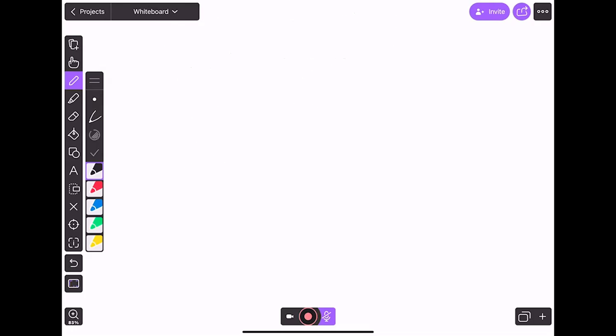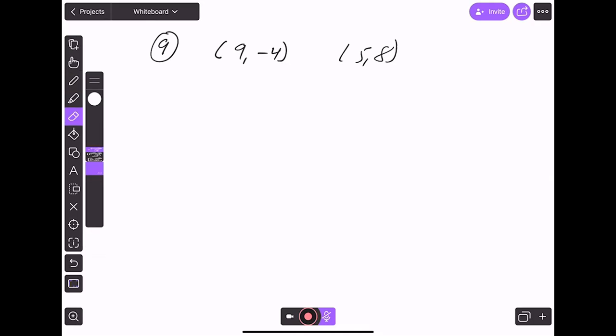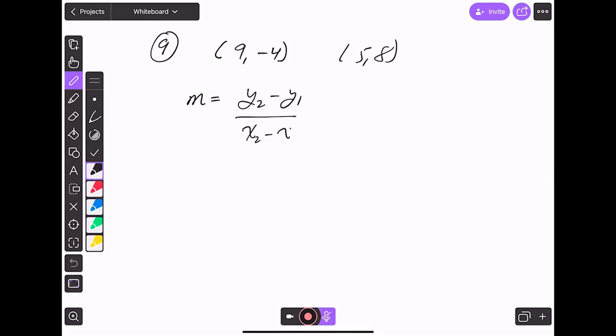Again, I'm not just reading through the problem set and quickly going through it for you. Number 9 says, find the slope of the line. Oh, let's put this down. There's 2 points: 9, minus 4. The other point is 5, 8. All right. I'm going to use a formula, and the formula is m equals the change in y, y2 minus y1, over the change in x, x2 minus x1.